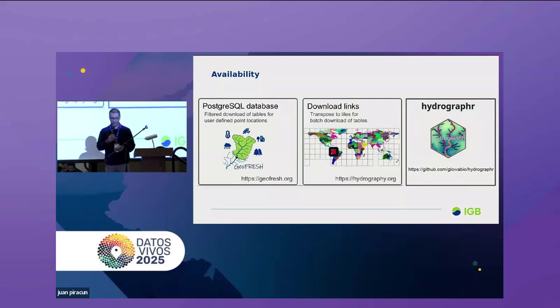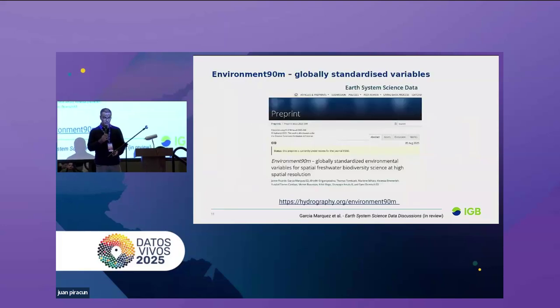It's called the hydrography R, and the workshop on Thursday will run some examples using the package, which has a list of functions to retrieve the information and help you merge the tables, subset the tables, and then use those tables for specific applications. So the paper is at this moment on review, but is open, so you can visit that link and take a look at the paper. It's in the last stage of the review process.